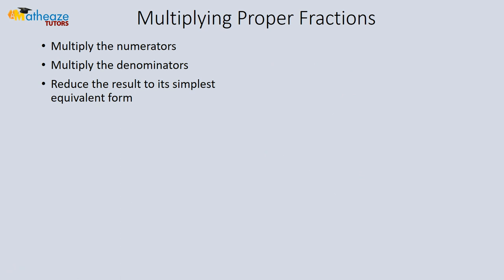Let's look at 15 over 16 multiplied by 3 over 5. So we'll start with the first method. The first method says we multiply 15 and 3, and then we multiply 16 and 5.